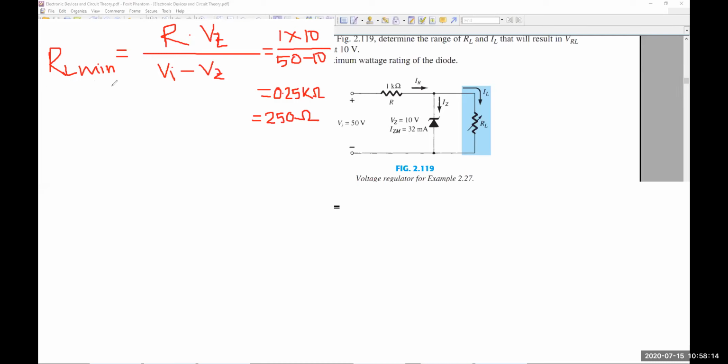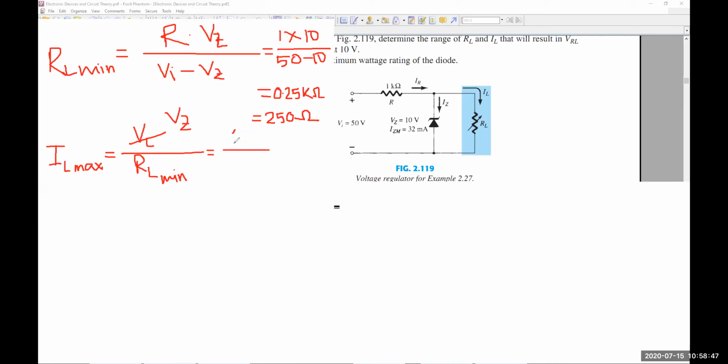Now if you got the minimum value, you can obviously find out the maximum current, because minimum resistance means maximum current. Now how to find out? IL is VL divided by RL. Since this is maximum, RL should be minimum. In place of VL, we can write VZ.